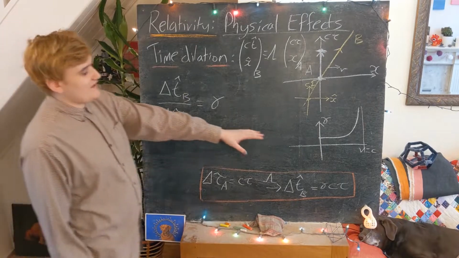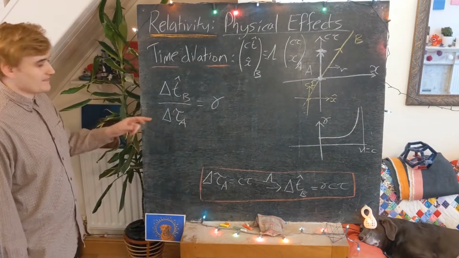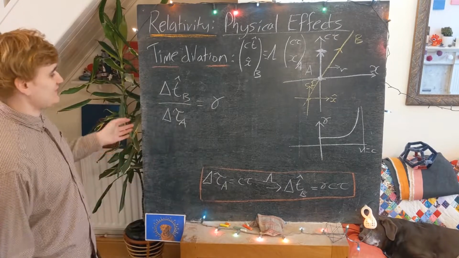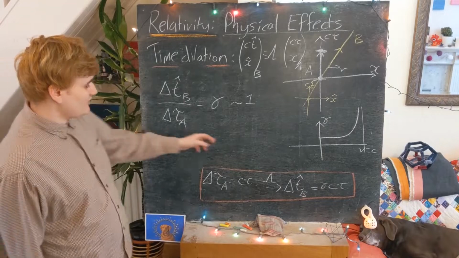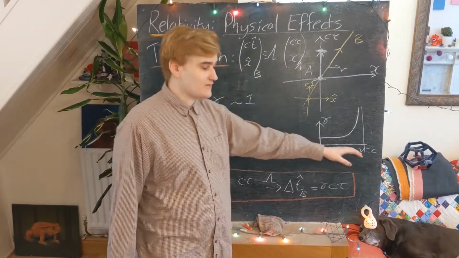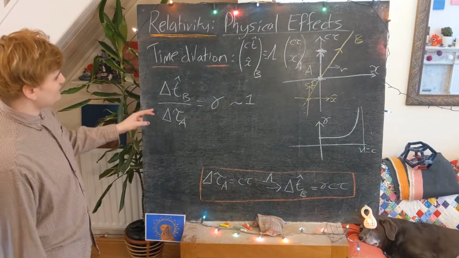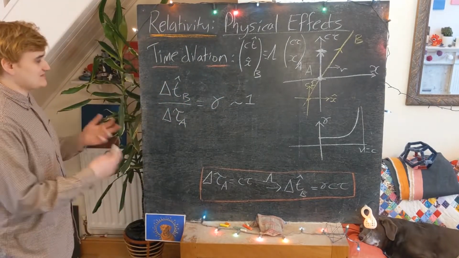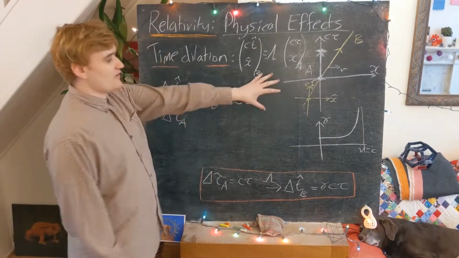As we stay at relatively low velocities, delta tau and delta t are effectively the same thing because gamma is just 1. But as this coordinate velocity starts to approach c, gamma becomes much, much larger than 1.